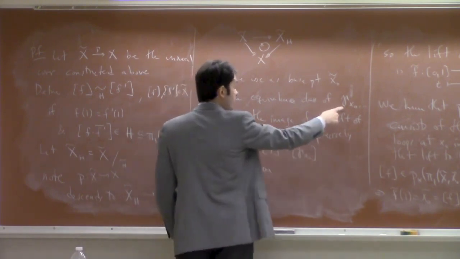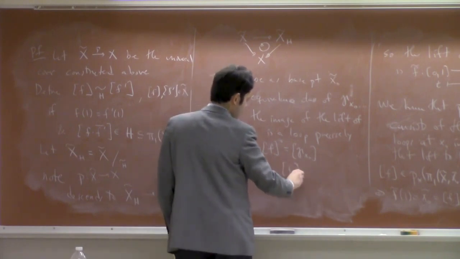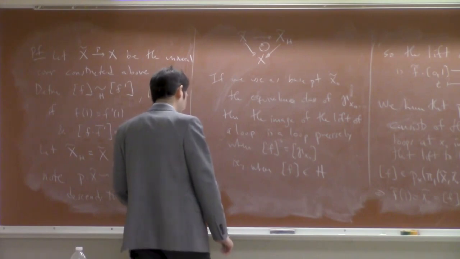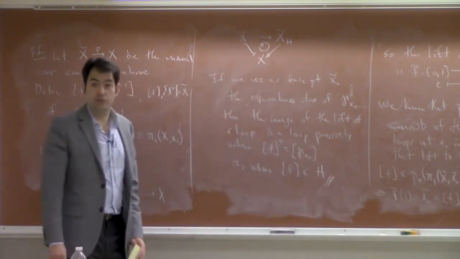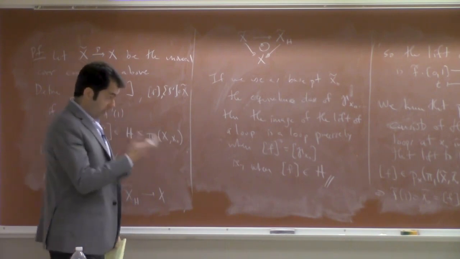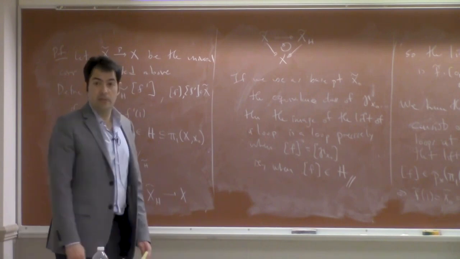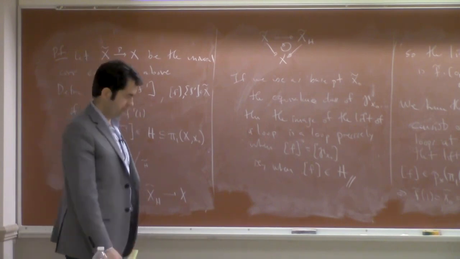But the equivalence class of this constant is precisely H. So that shows that we have a cover for H so that the image of the fundamental group is exactly H.